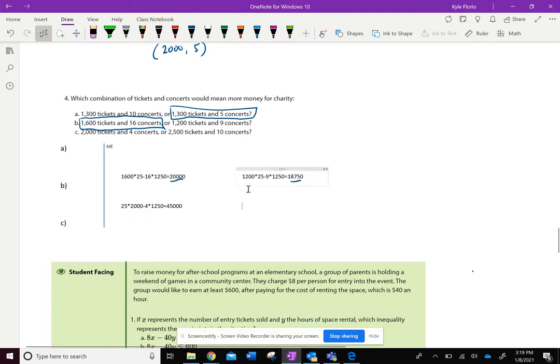But is that going to be more than having 2,500 tickets at $25 each, and then we'll have to spend money on 10 concerts at $1,250 each? 50,000. So this one's going to be better. This one will make $50,000. That's more than 45,000.